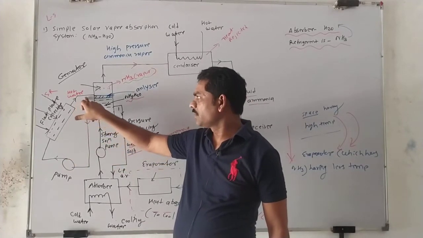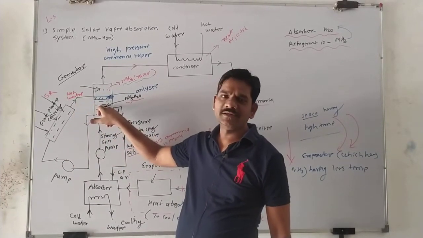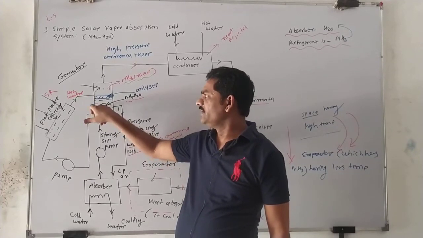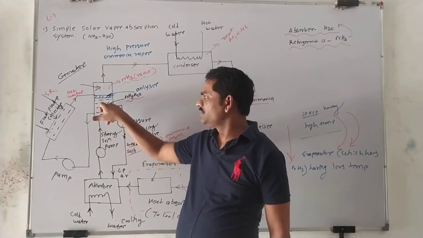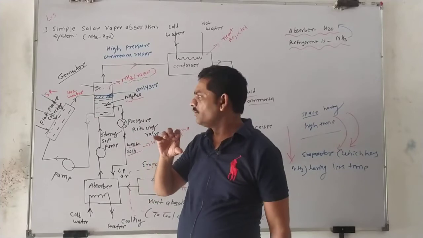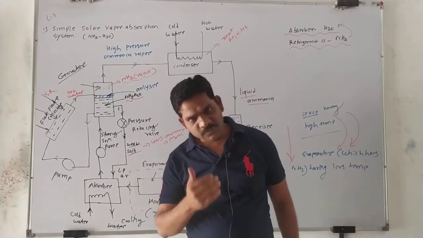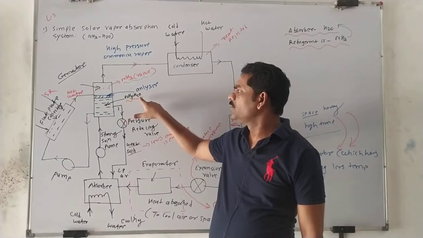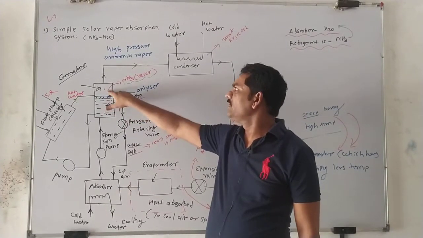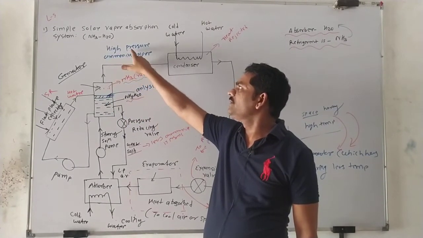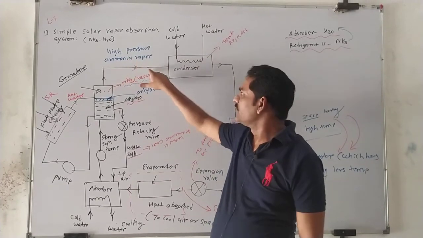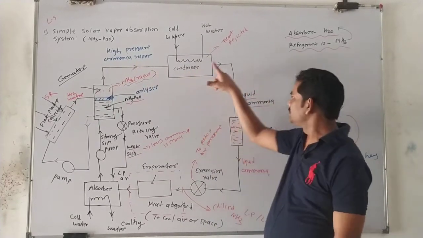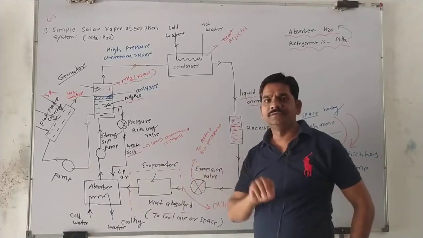This hot water flows inside the generator, so there is heat exchange in the generator. Whenever the generator absorbs the heat, the ammonia is removed from the H2O, and we get the ammonia in the form of high pressure ammonia vapor. Once again it is passed into the condenser, and the cycle continues.